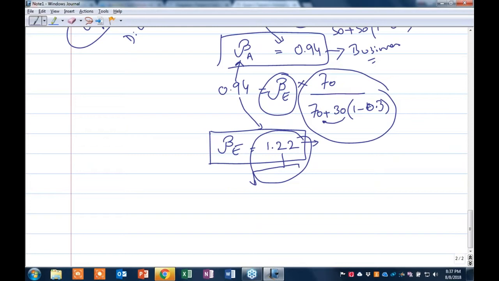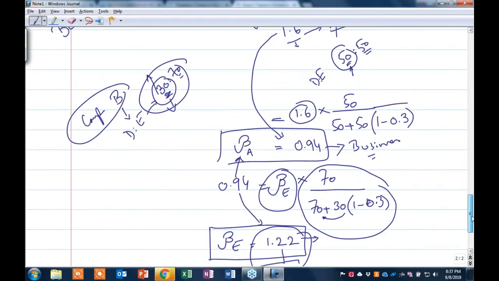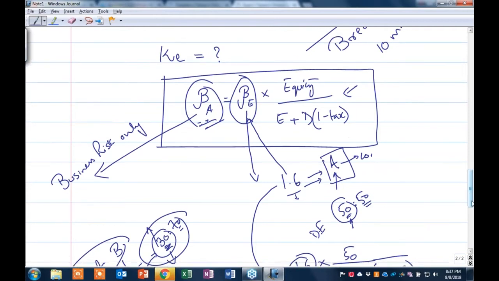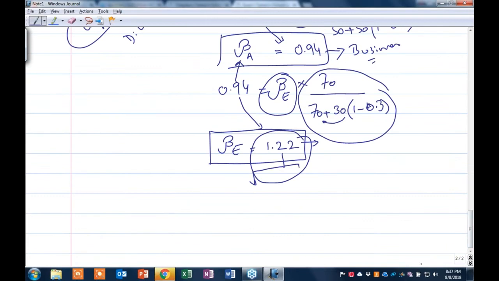No, I don't think this formula will be given in the exams. You'll have to memorize this formula. Are you sure?